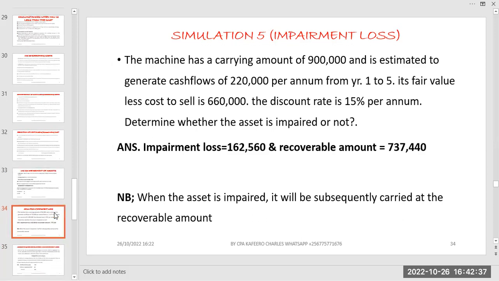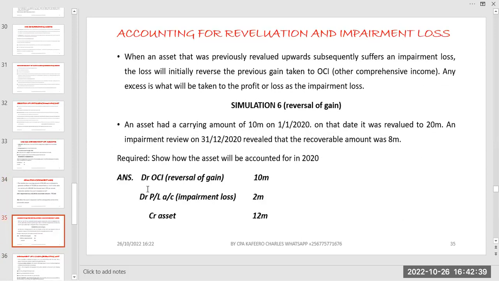Then I was dodging that simulation, but we can look at something that is a bit new, and it's not new. We talked about it when we were talking about IAS 16, that is accounting for revaluation and impairment.